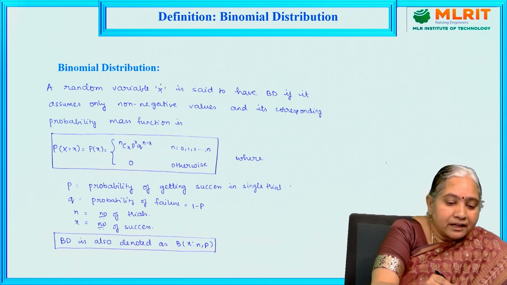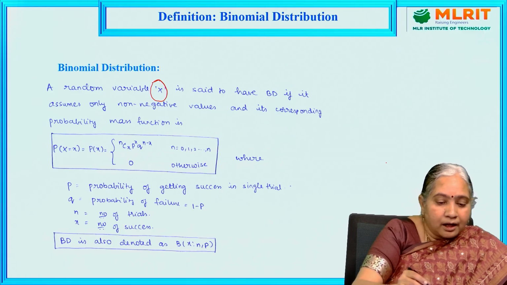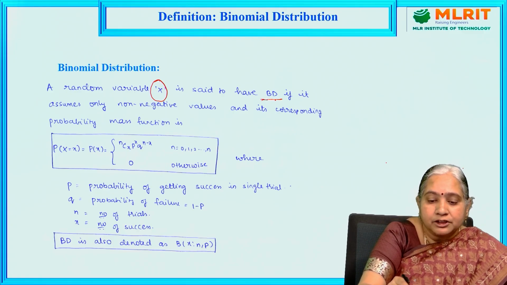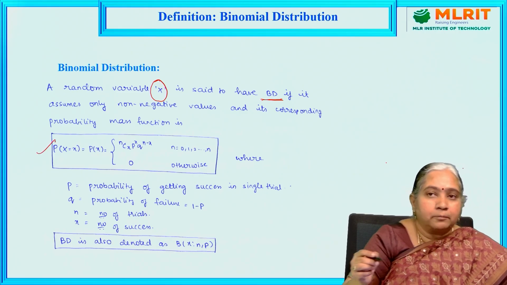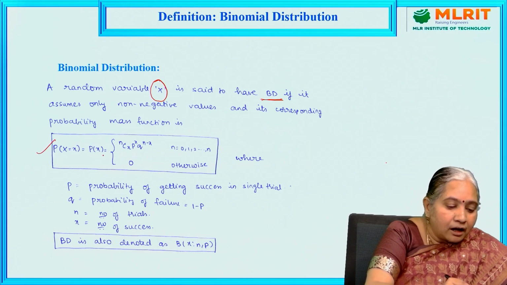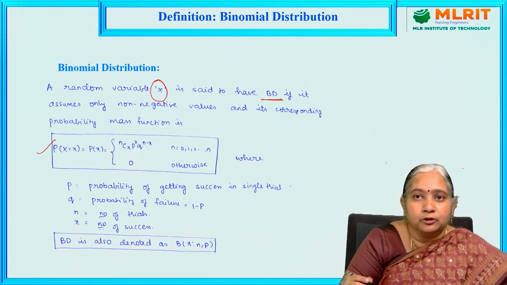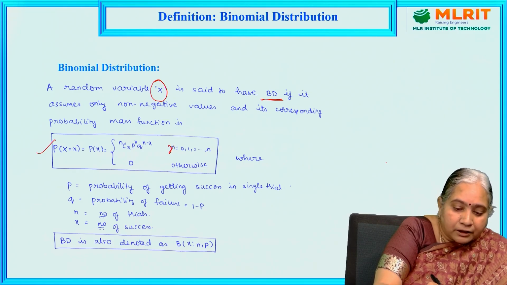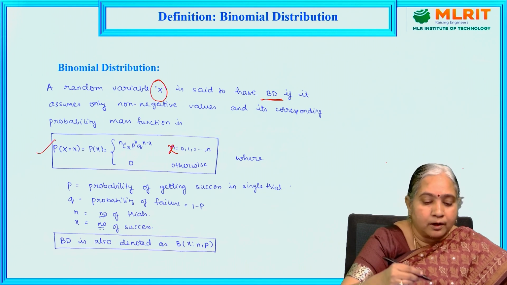Here capital X is a discrete random variable, and the probability mass function of binomial distribution is defined as probability of capital X equal to x, or in short, we write it as P of x equal to nCx p power x into q power n minus x, where x takes the values 0, 1, 2, 3 and so on up to n.